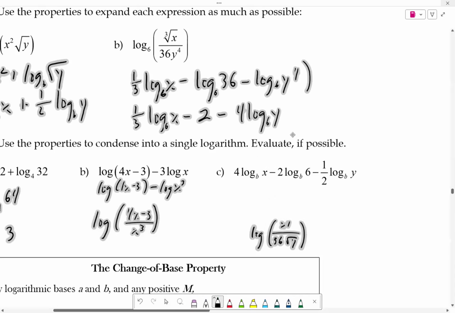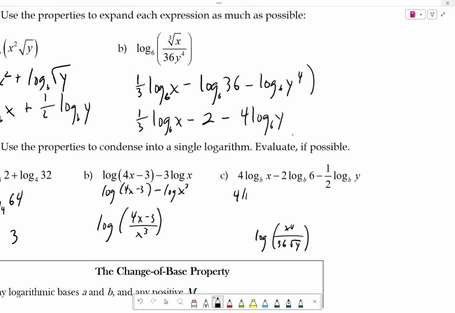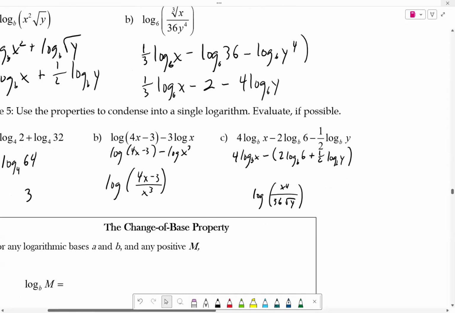Just to simplify things, what I recommend doing is saying log base b of x minus, and since they both have minuses, let's go ahead and factor out that negative. Maybe this will be clearer. Would that help as a bridge? Put all the minuses together, factor out that minus so you can see that product.